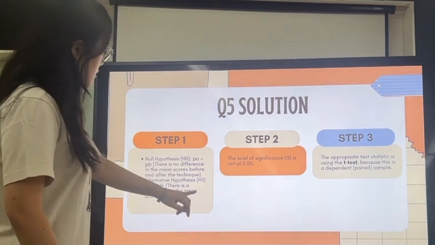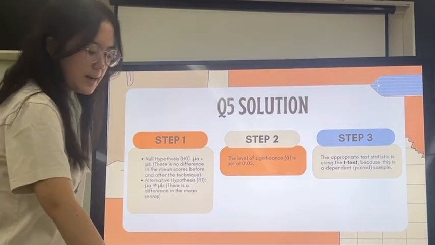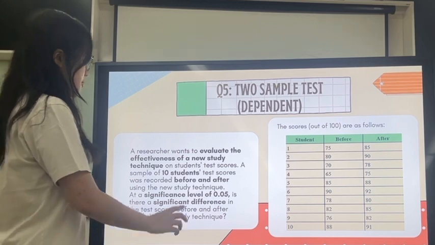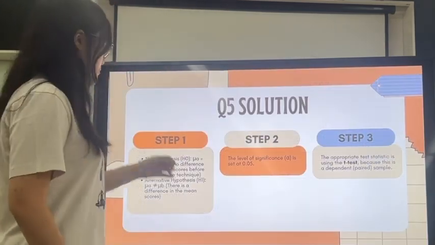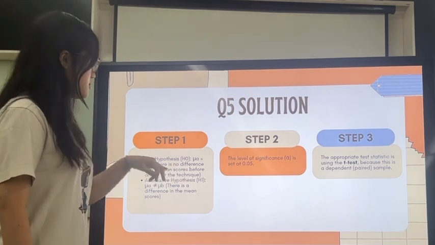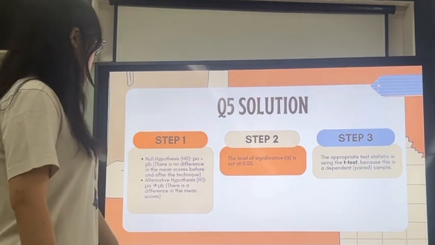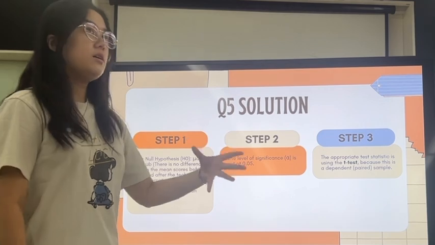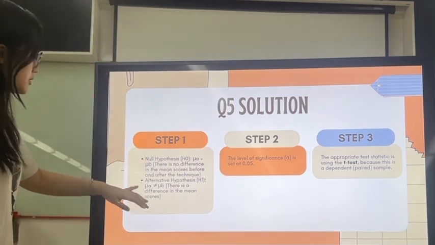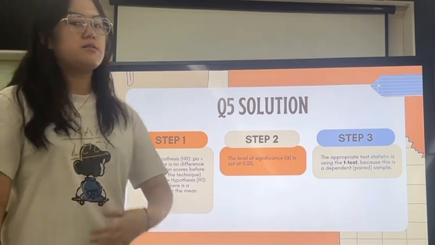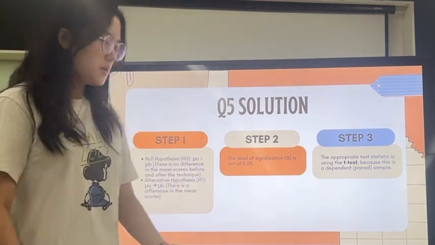So, for the null hypothesis, because again the question wants to find the difference, we're going to use equal and not equal to. So, the null hypothesis is mu A or mu before is the same as mu after or mu B. The alternative is mu A is not equal to mu B.